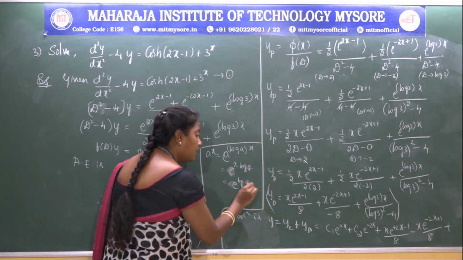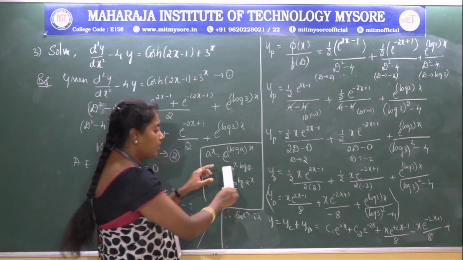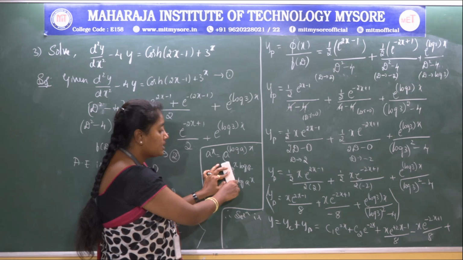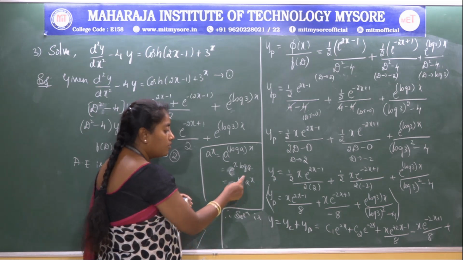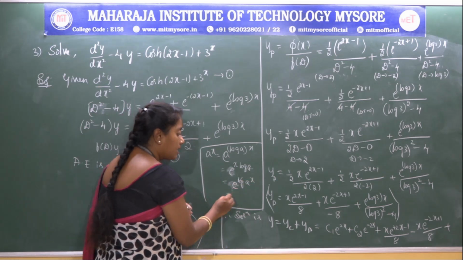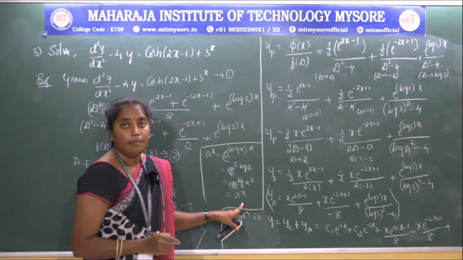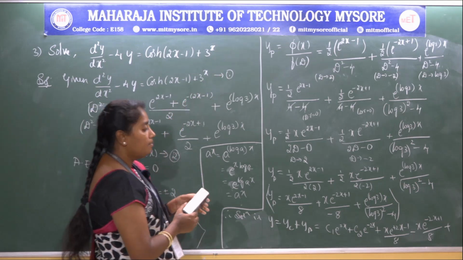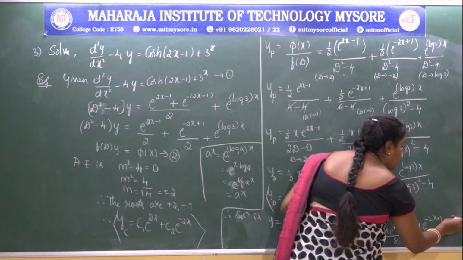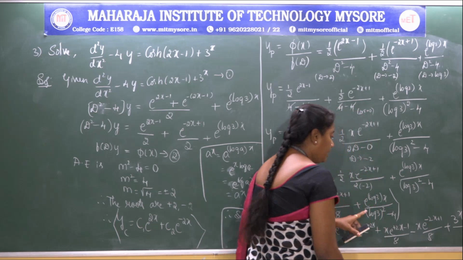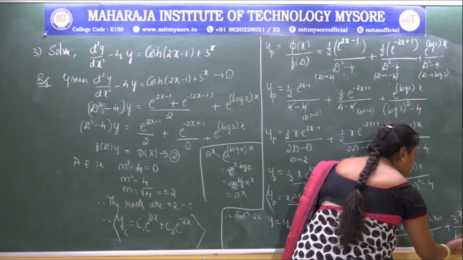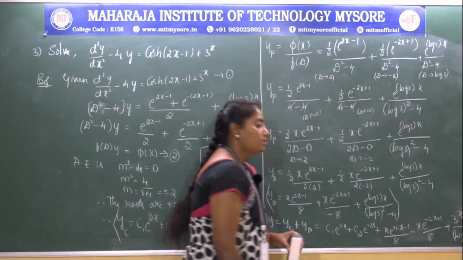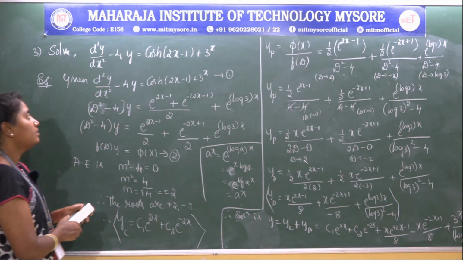For a log function, x log a is equal to log a power x. That can be written as e power of log a power x, and e and log cancel, we are left with a power x. That is, this e power of log 3 x can be written as 3 power x, that is 3 to the power x divided by denominator term (log 3) whole square minus 4. So this is the solution of the given differential equation.